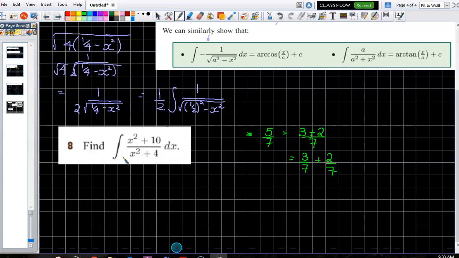Maybe even a better hint, if I went 9 over 7, that would be 7 plus 2 over 7, which becomes 7 over 7, which is 1. And then I can integrate the 1 and so on. So that's your little bit of a hint for 8 when you get to it, okay? Let's keep going. 25 minutes.